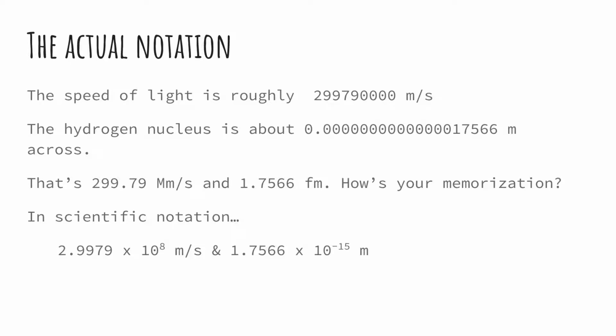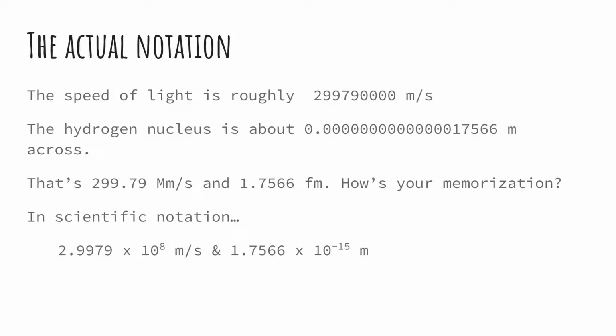2.9979 times 10 to the 8th meters per second, and 1.7566 times 10 to the negative 15th meters. You can see we still have all the actual information of the measurement, the 29979 and the 17566, right there. And the actual size of the number has been turned into an exponent, hence exponential notation.